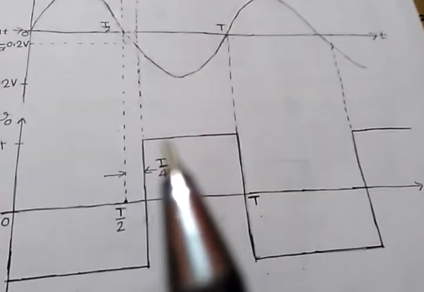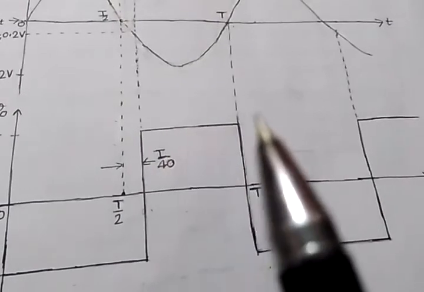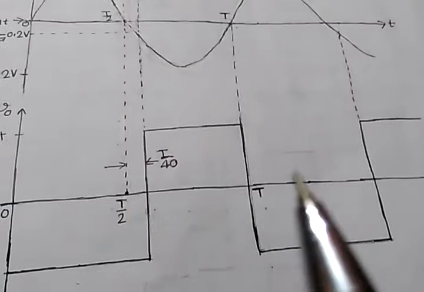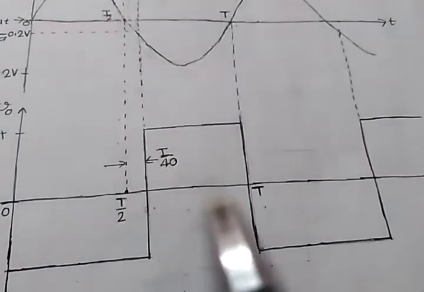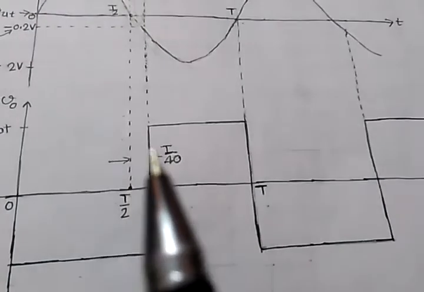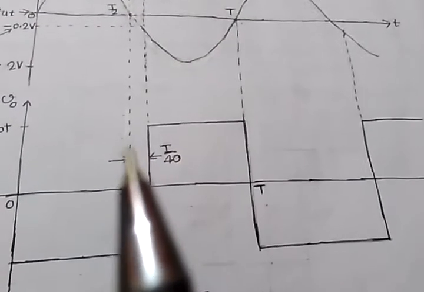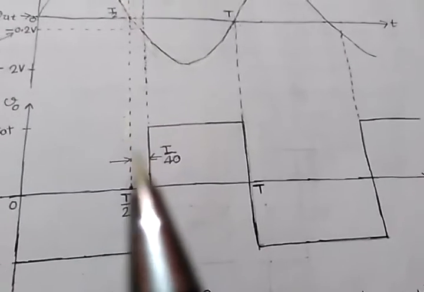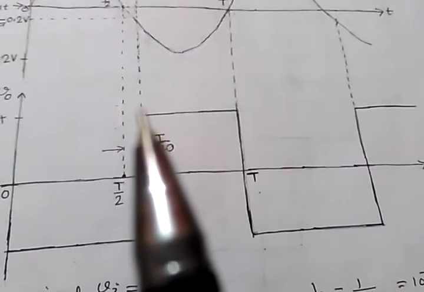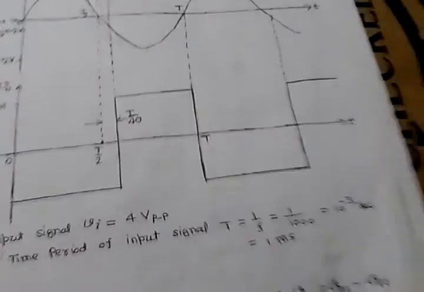Duration of the positive portion of the output signal is from this point to this point, T by 2 to T. This duration is T by 2. We have to subtract this duration, this is T by 40, to get the positive portion duration. So the duration of the positive portion of the output waveform will be T by 2 minus T by 40.